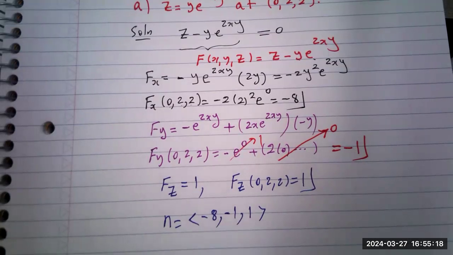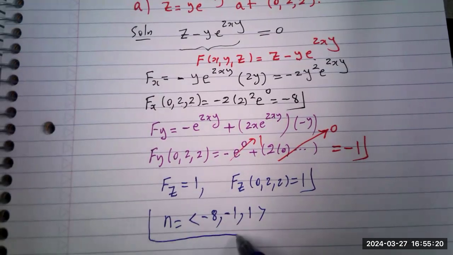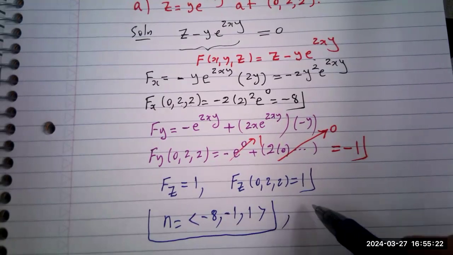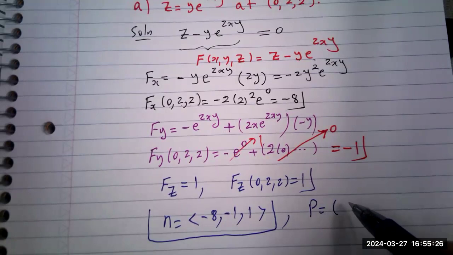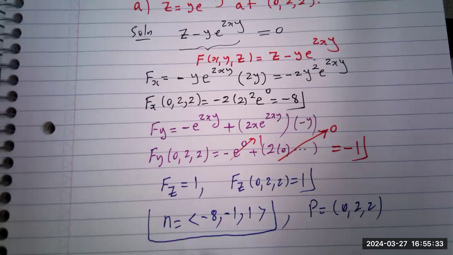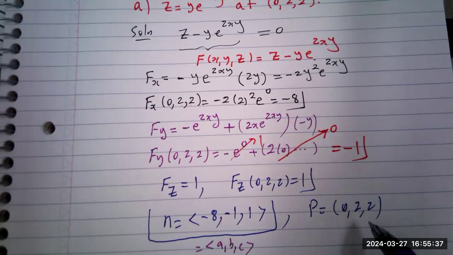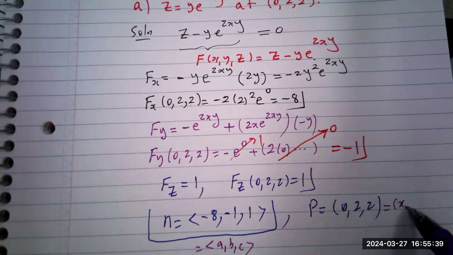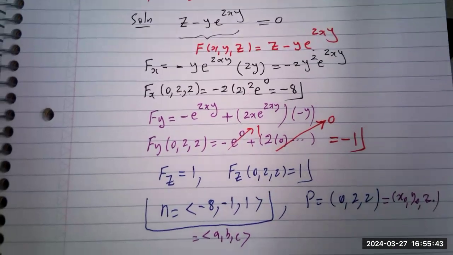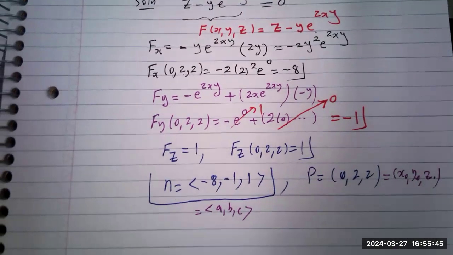Now we put them together. This is the normal vector, which is ABC, and this is the point. What is the point? The point is 0, 2, 2. So this is your ABC, and this is your x0, y0, z0. So we are ready to give you the equation. Any question?